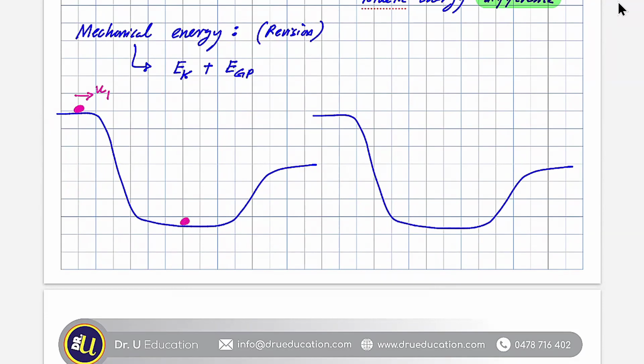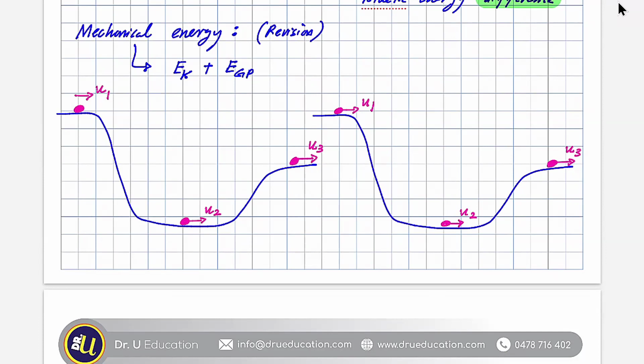Think about the speed at this point is U2. Think about the speed at this point is U3. So, same thing here: U1, U2, and U3. Now, height is involved here. That means gravitational potential energy is involved here. If the height is involved, the gravitational potential energy is involved.